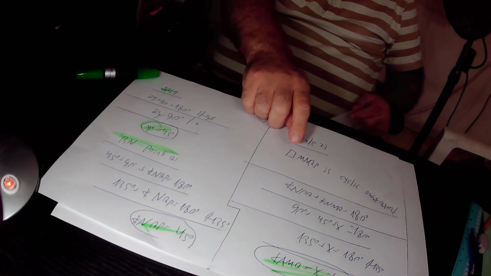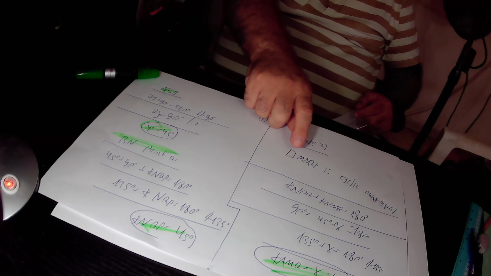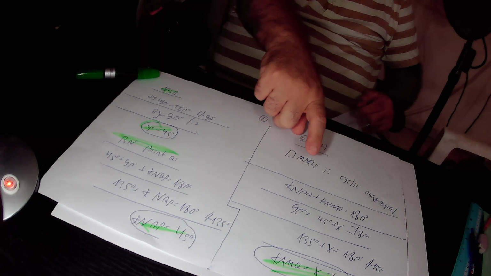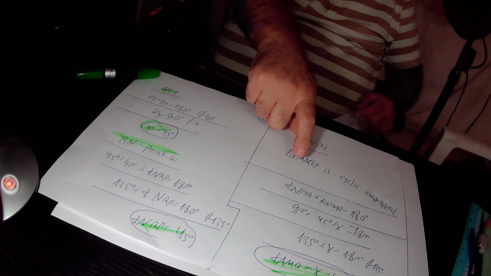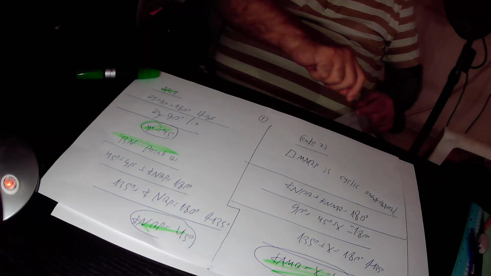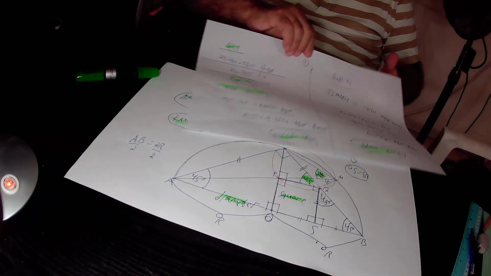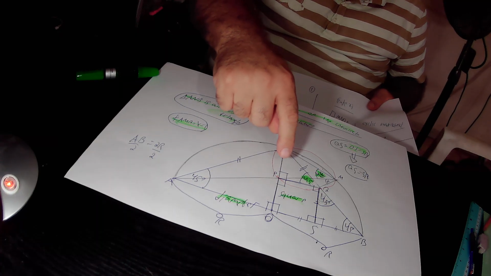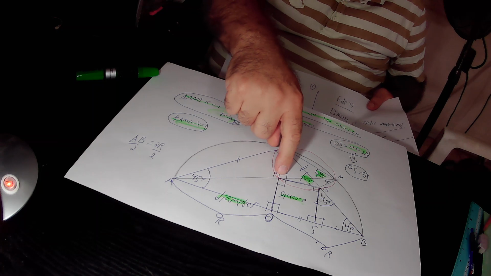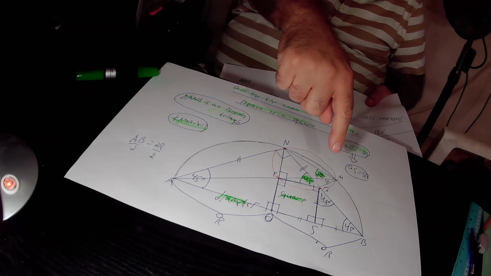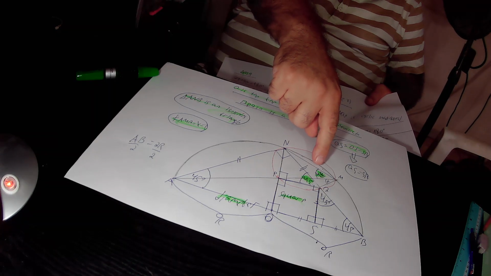Repeat again. The sum of the two opposite angles of the cyclic quadrilateral NMQP must be equal to 180 degrees. So angle NPQ, this is the right angle, plus this angle NMQ, this is in total equal to 45 degrees plus x.